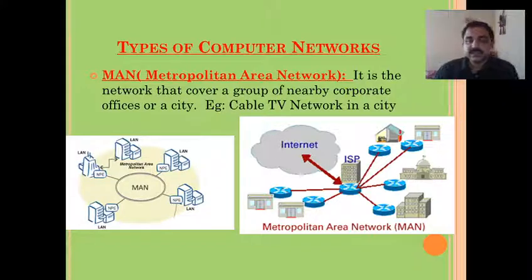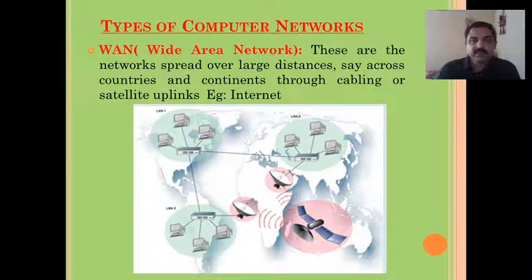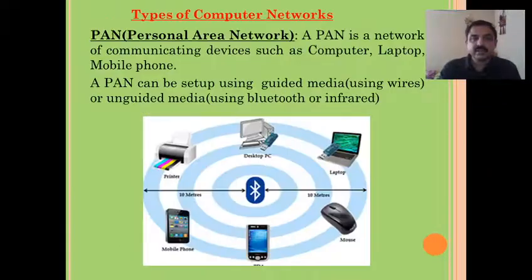For example, we saw a cable TV network. Then WAN, wide area network. Through satellites and cables and other devices, computers and other devices are connected throughout the world, across countries and continents. This network we call a wide area network.